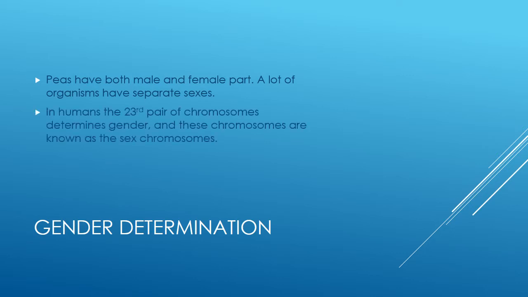In humans, the 23rd pair of chromosomes is what determines gender, and these chromosomes are known as the sex chromosomes. Females have an XX genotype, so they have two X chromosomes. Males have an XY genotype, so they have an X chromosome and they have a Y chromosome.